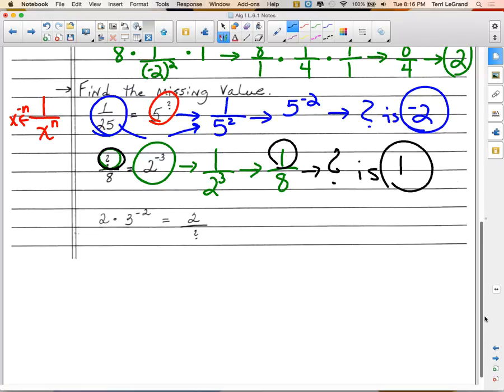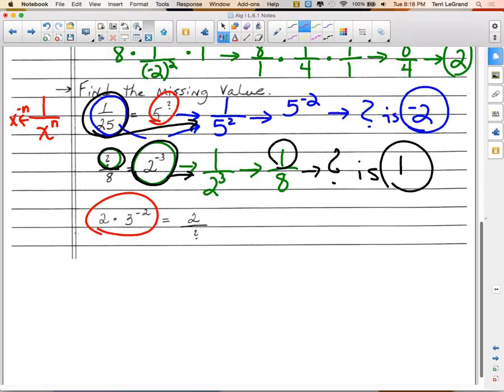Okay, so notice what we did each time. This first one, we took the 1/25 and we renamed it. The second one, we took the one that we knew and renamed it. So in this next one, we have 2 times 3 to the negative 2 power, and it's equal to 2 over question mark.